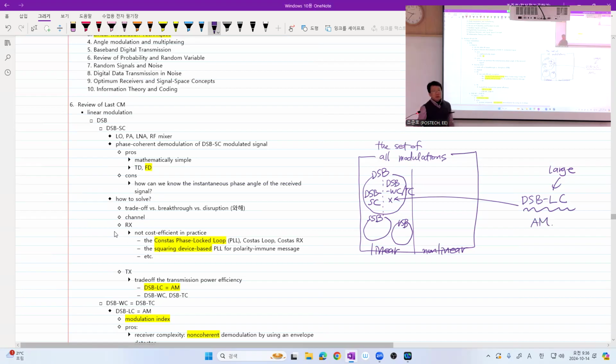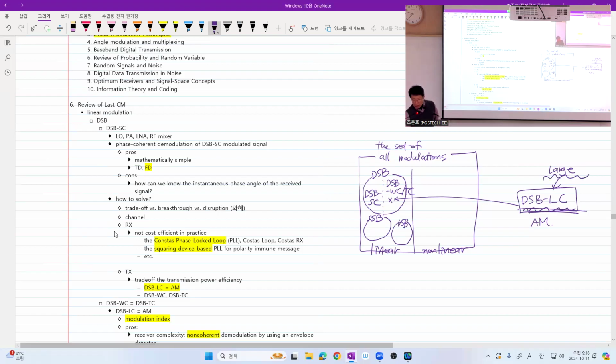Got it? So mostly if a modulation scheme is referred to as AM, that does not mean a modulation scheme that modulates amplitude. That rather means DSB-LC. Be careful. Most people, when they say amplitude modulation, they mean DSB with large carrier.